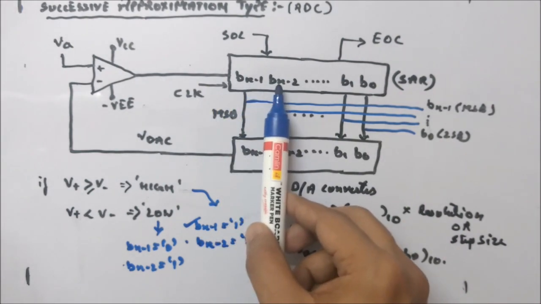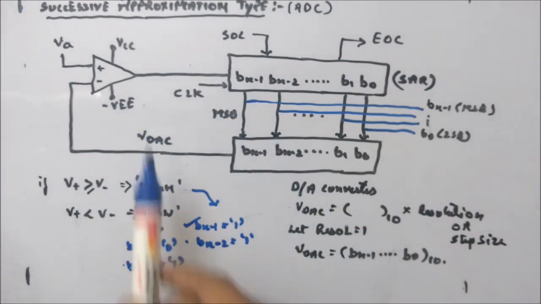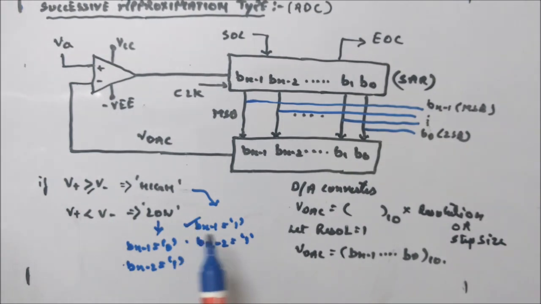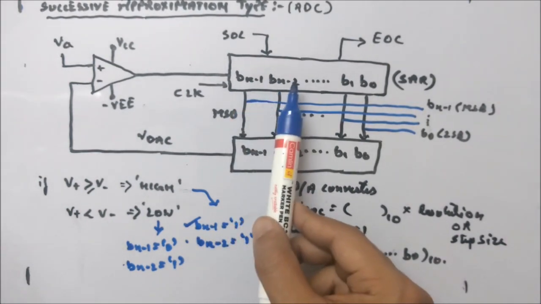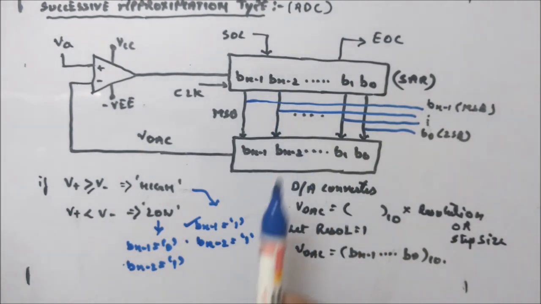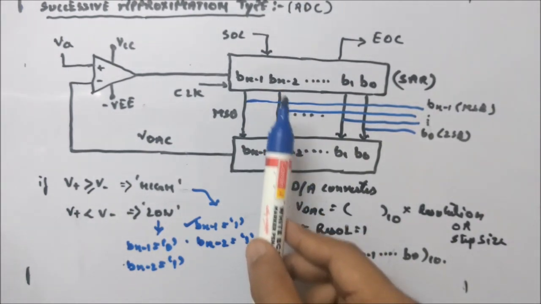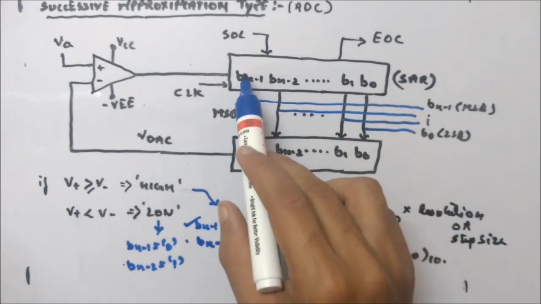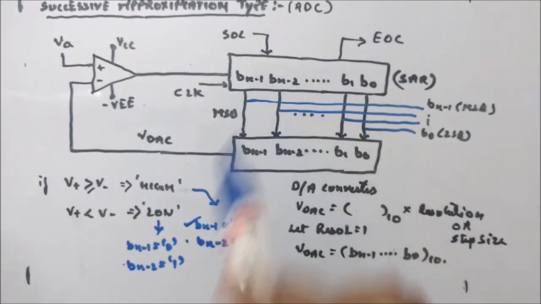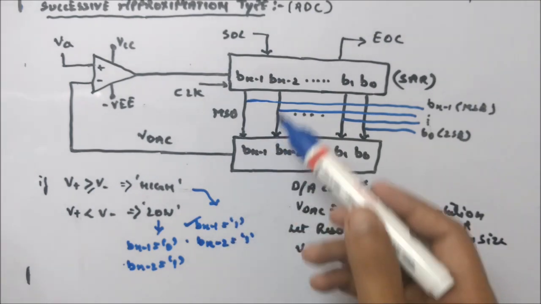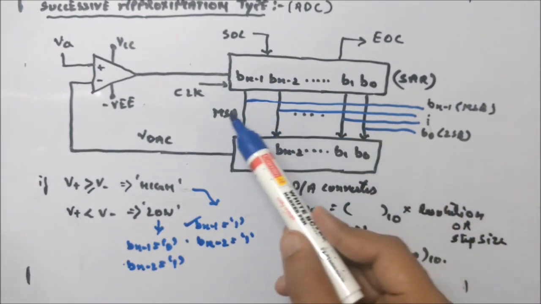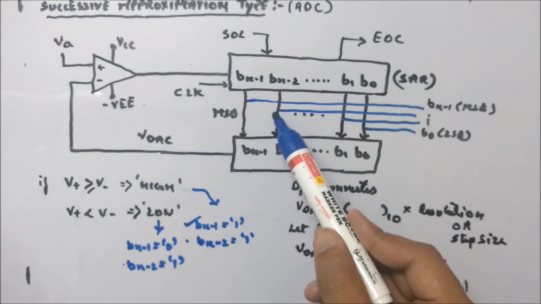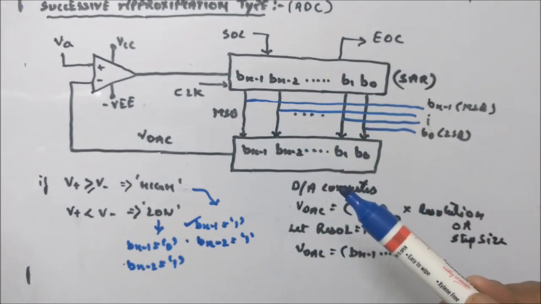Okay, so what will happen now? Next this bit will be 1, since let's say your comparator output was 1, so this bit will be set to 1 now, and the next bit will be set to 1 also, so that checking will be done on this bit. Now on the next turn this will have 1 1 and the rest all zeros.